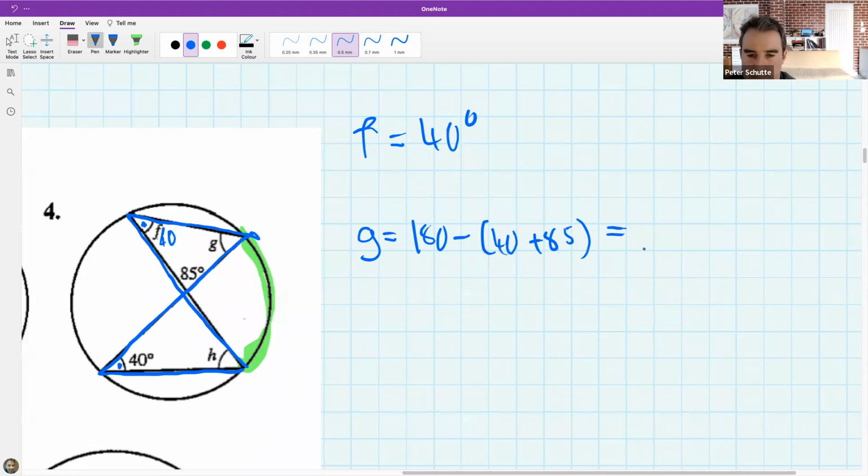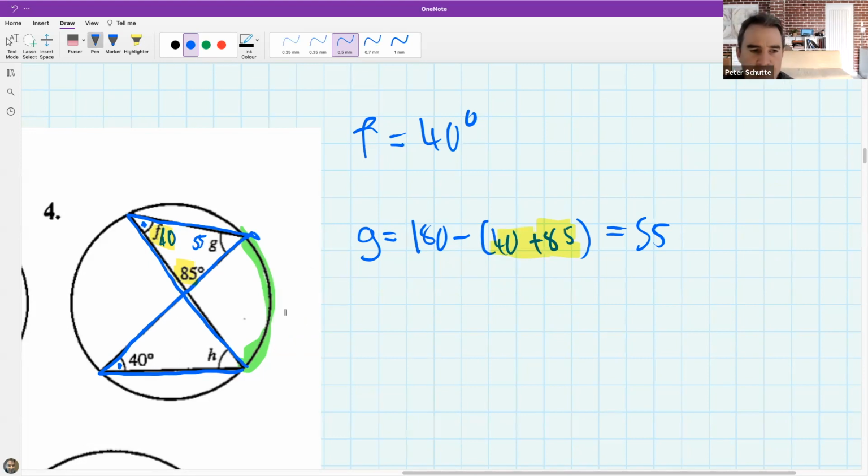And then I got 55 degrees. Yeah, I agree with you. So what Luyanda is doing is the 40 plus 85 are these two, and we know that this whole thing must add up to 180. So that's why G must be 55. So G is in fact 55.